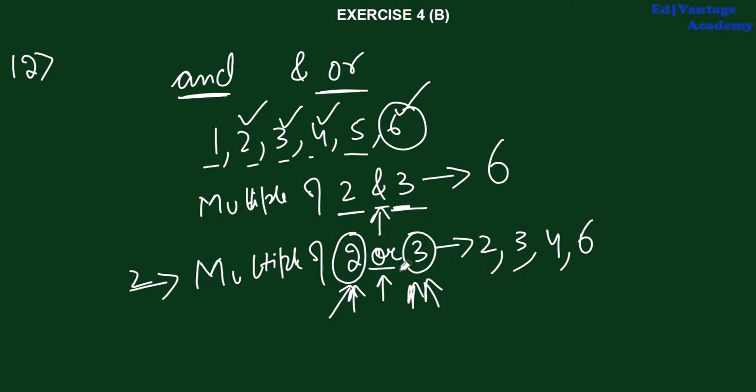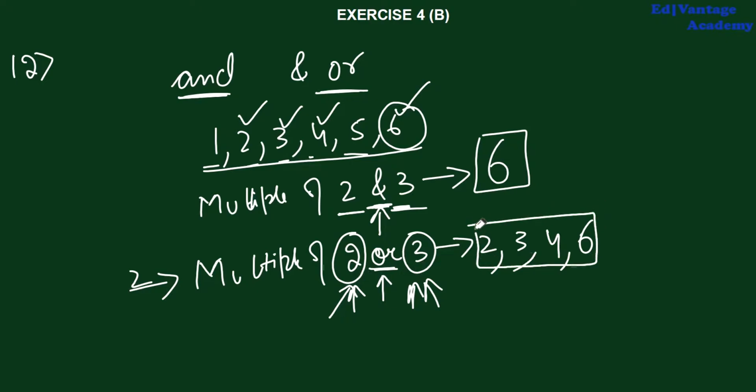When they ask for multiple of 2 and 3, meaning it comes in both tables, I had to choose only 6 out of these numbers. When they ask 2 or 3, I can have a choice. I have to choose these numbers from the given set. So hopefully you understand the difference between 'and' and 'or'.